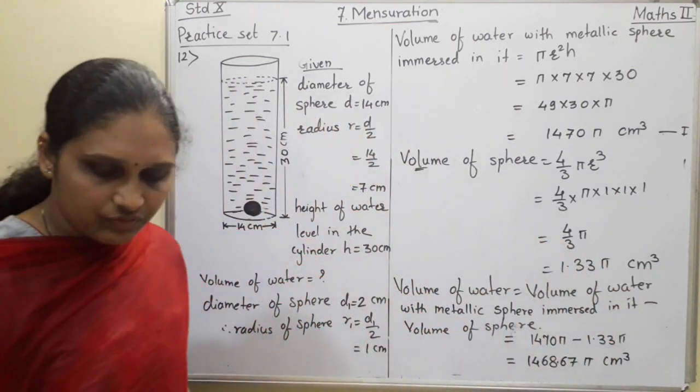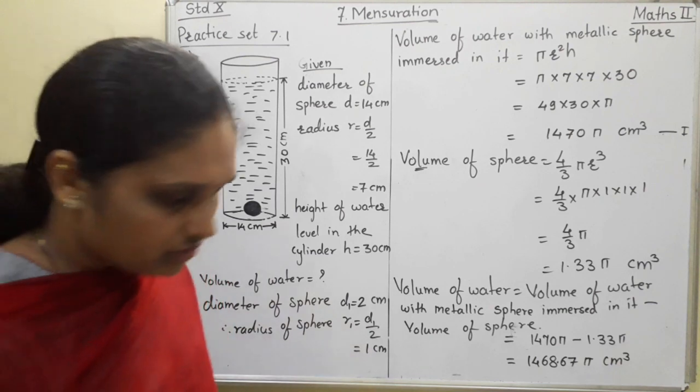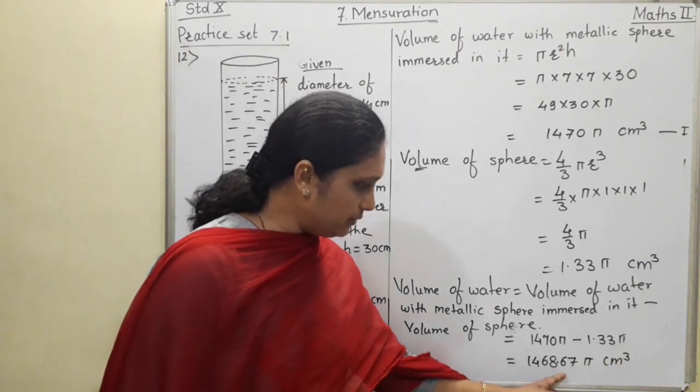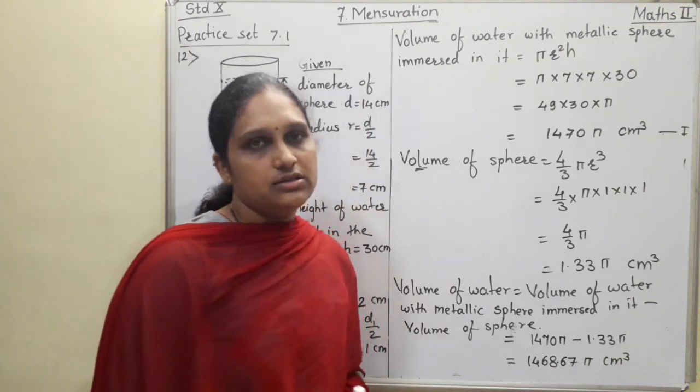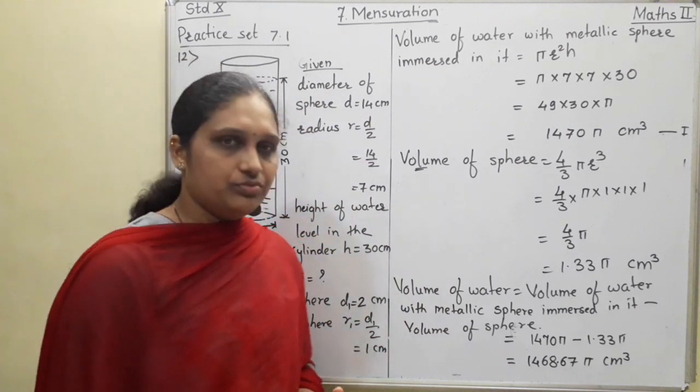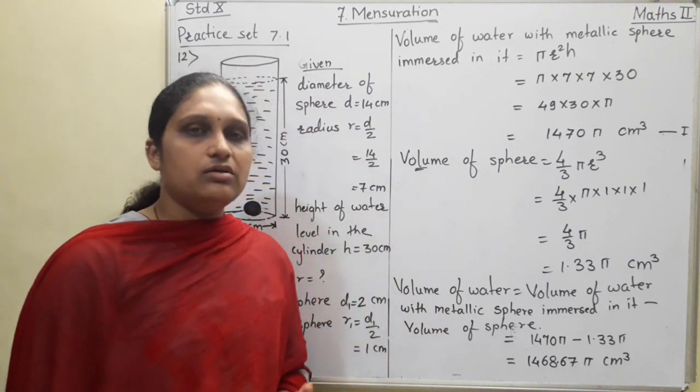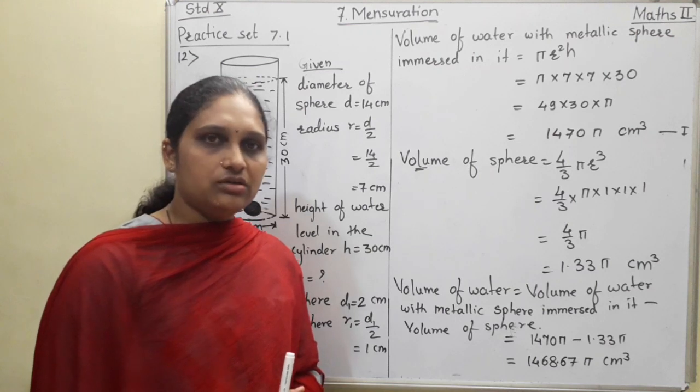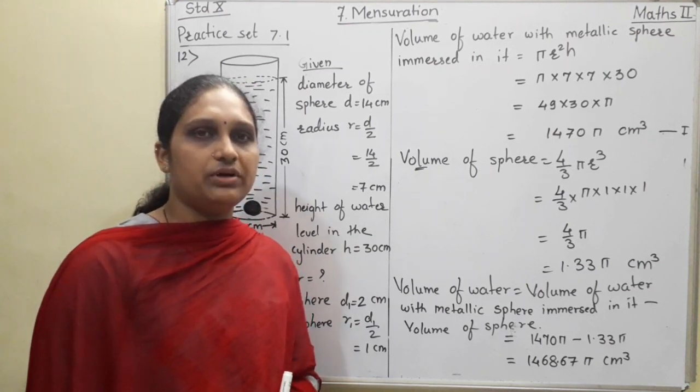So the volume of the water will be 1468.67 pi centimeter cube. So students, this completes our practice set 7.1. Remaining sums you have to solve on your own.